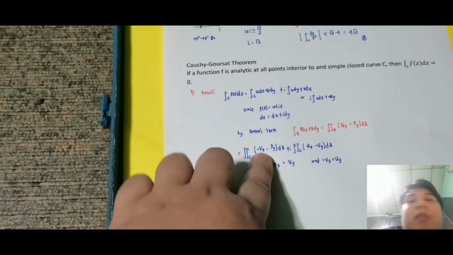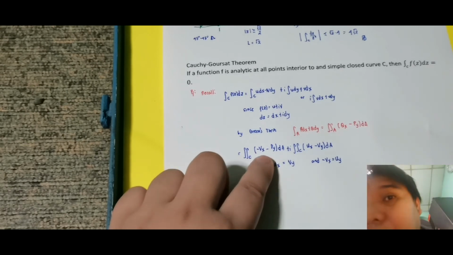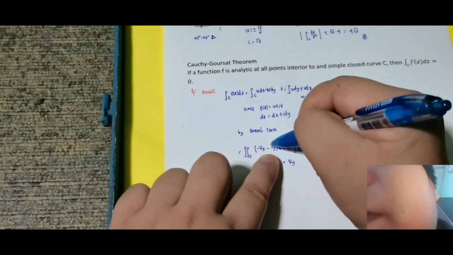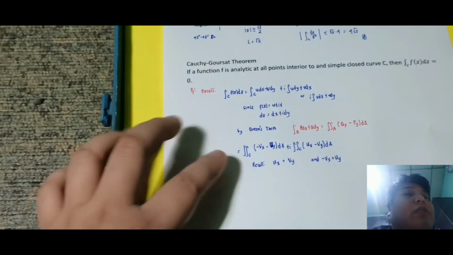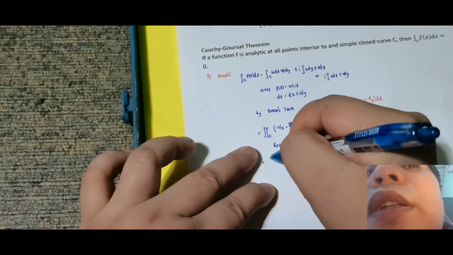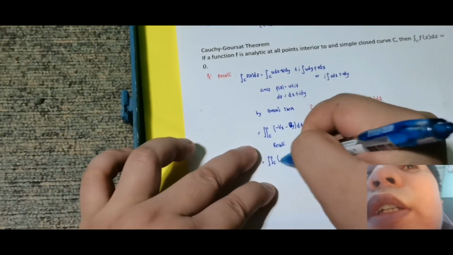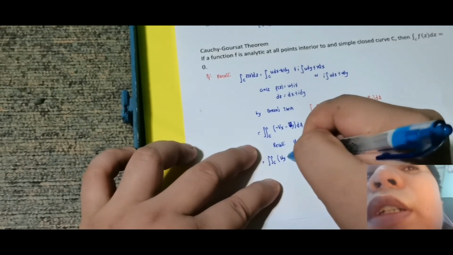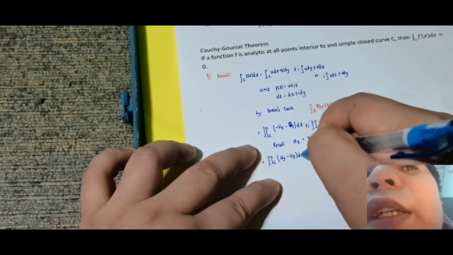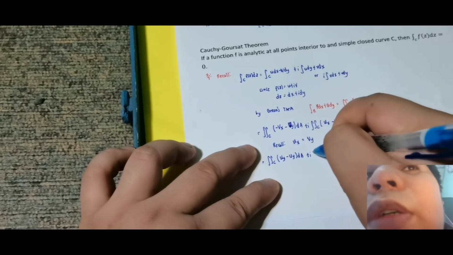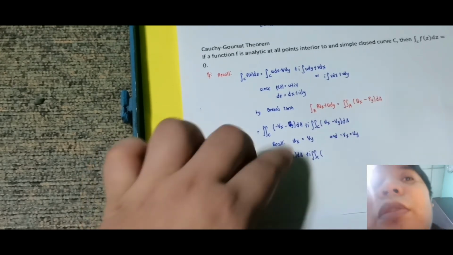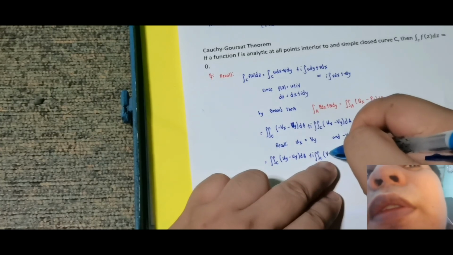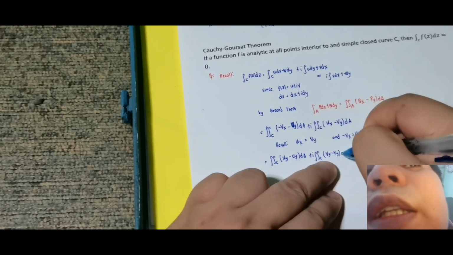So this is equal sa double integral along C. Yung negative v sub x natin is u sub y, so minus partial of u sub y dA, plus i double integral of C, then yung u sub x natin is v sub y, minus v sub y, then dA.